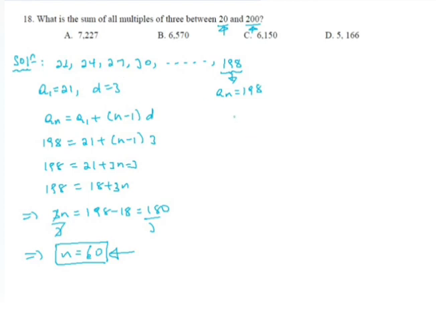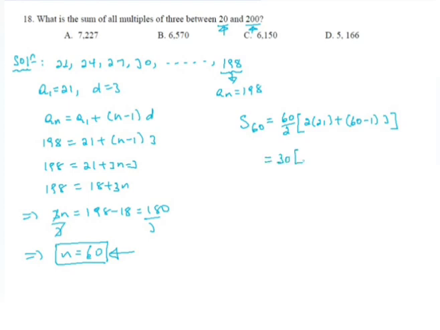So now the question is finding the sum of all terms. Okay, we have 60 terms which are multiples of 3. So S60 becomes 60 over 2 times the first term plus 60 minus 1 times the common difference. Okay, we use the sum of the arithmetic sequence formula.